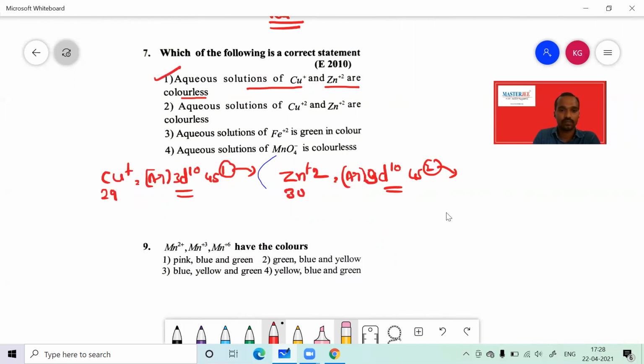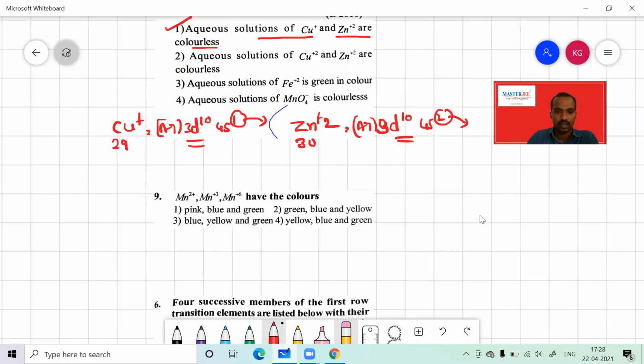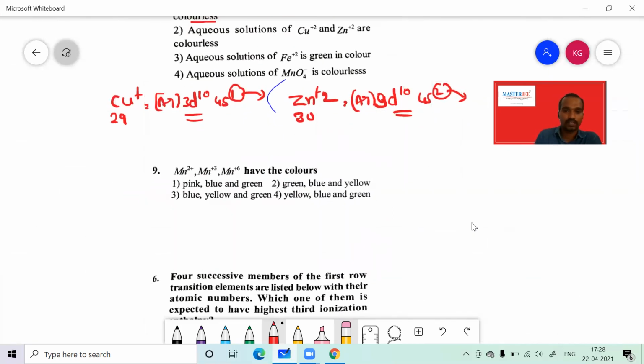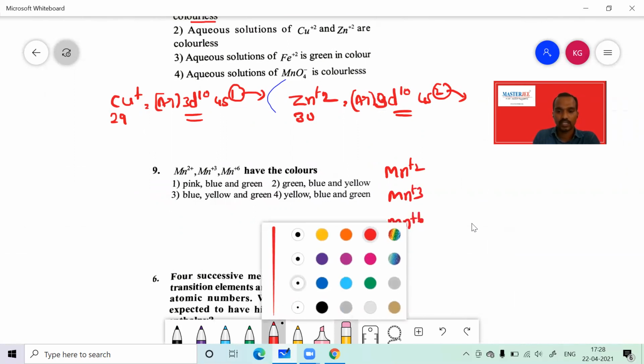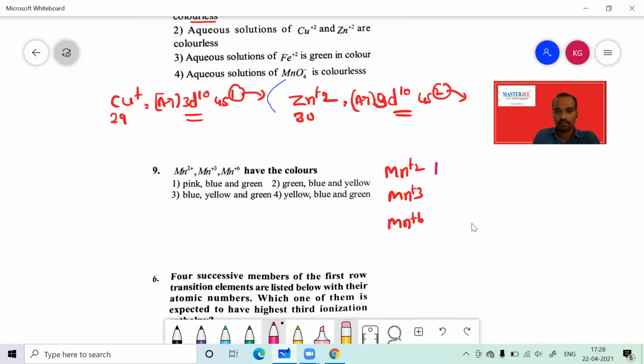This is correct. Next, Mn plus 2, Mn plus 3, Mn plus 6: what colors will they exhibit? They will exhibit pink, blue, and green colors.